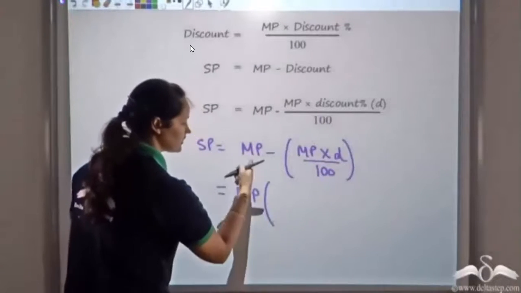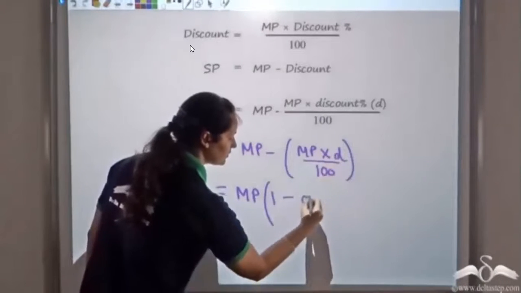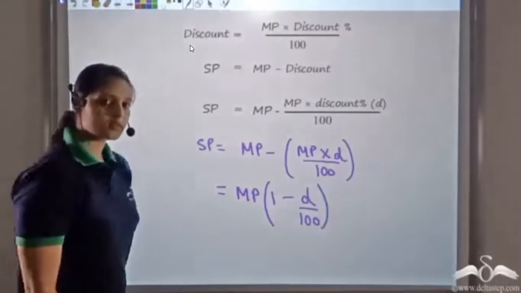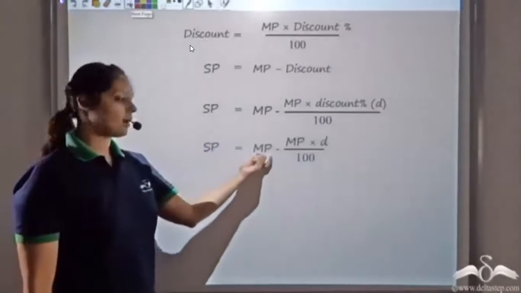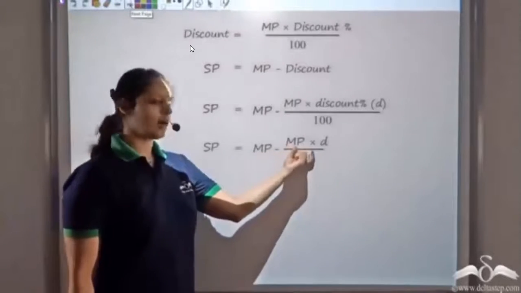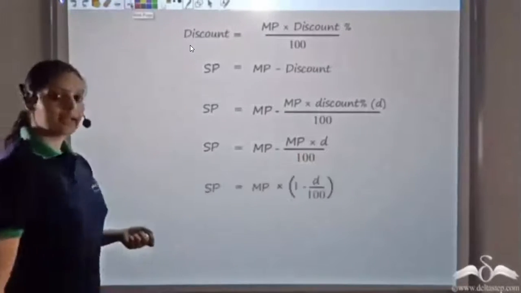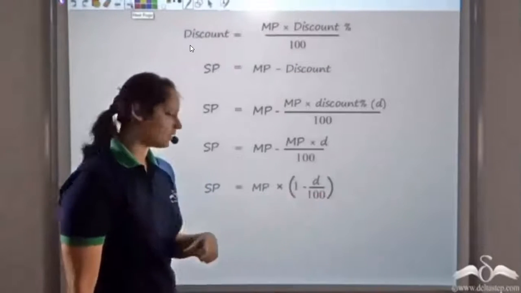What I'll be left with is 1 minus D by 100. So I get selling price as marked price times 1 minus D by 100.